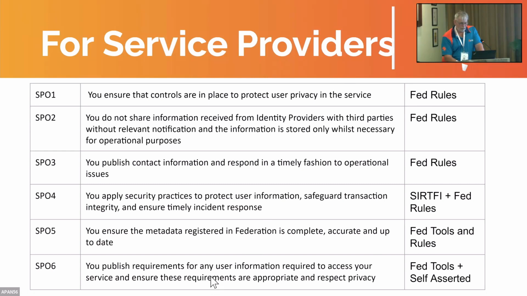And you publish requirements for user information required to access your service and ensure these requirements are appropriate and respect privacy. And again, our federation rules will cover that because we'll be asking for people to enter their privacy statements into the tooling, which will then be published out into metadata.